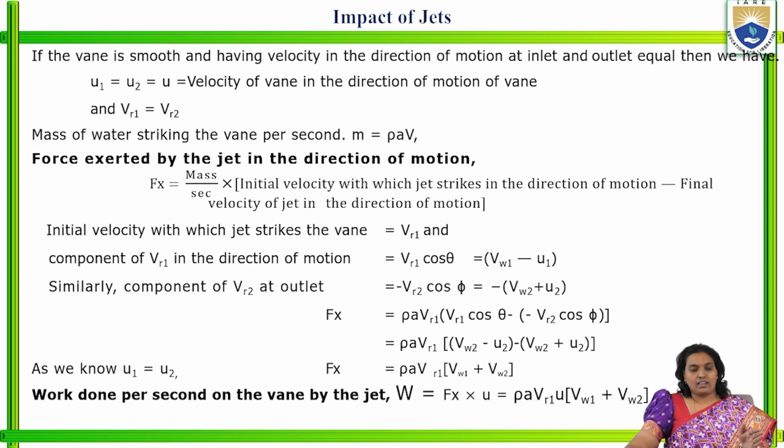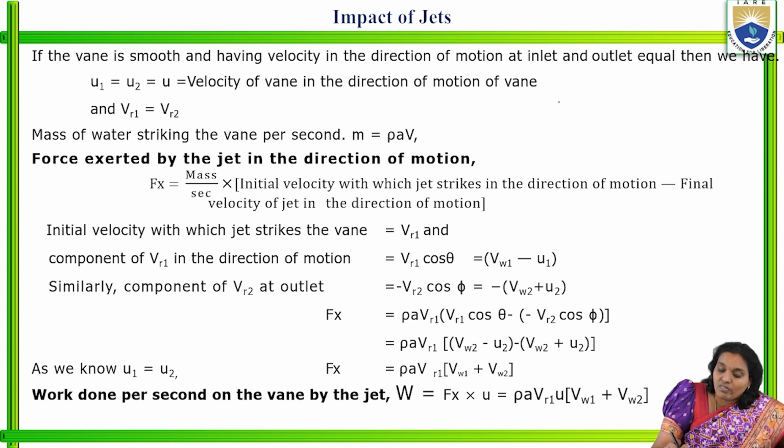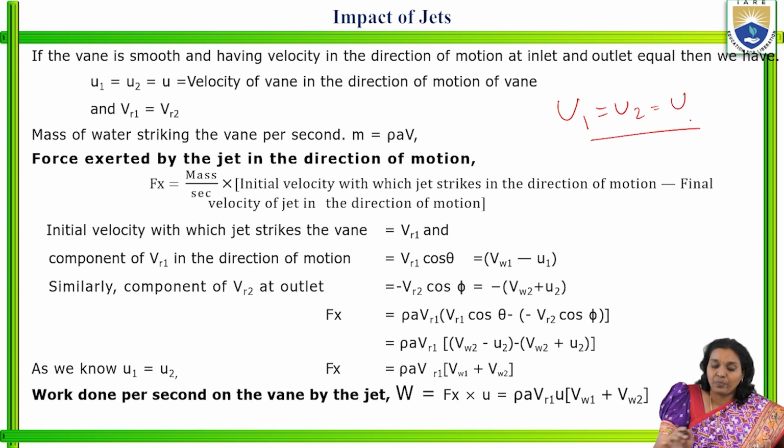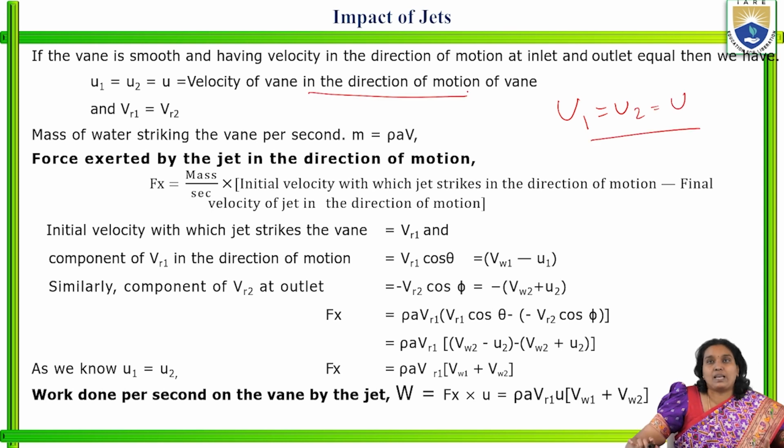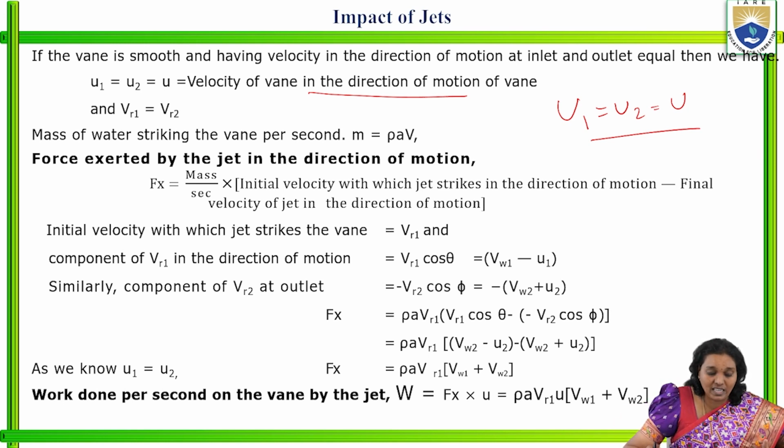Now here, if the vane is smooth and the velocity in the direction of the motion at inlet and outlet is equal, then U1 is equal to U2 is equal to U, because the direction of the momentum is the same.